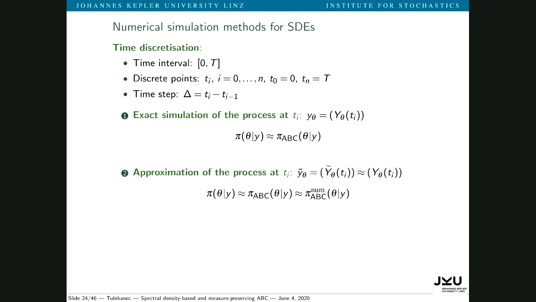But, and this will usually be the case, we need a numerical method to approximate the process at the discrete points in time. So the resulting data is denoted with a tilde. In this case, we introduce a further level of approximation into the ABC procedure, and this is indicated by denoting the posterior with an ABC num.